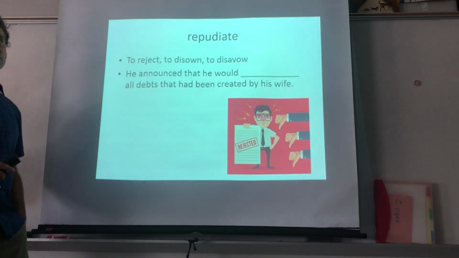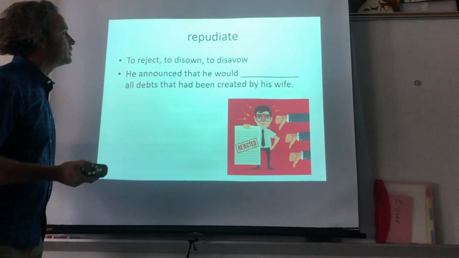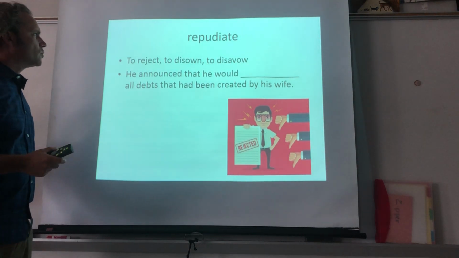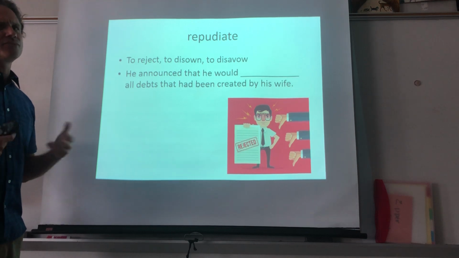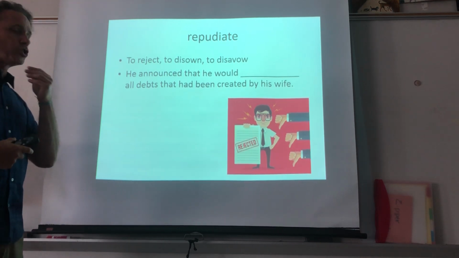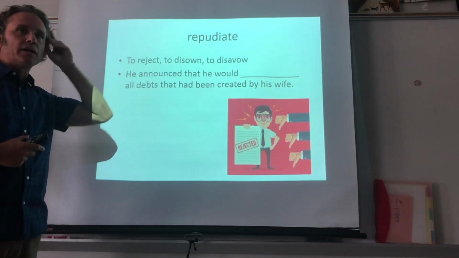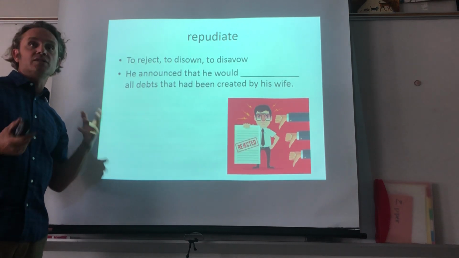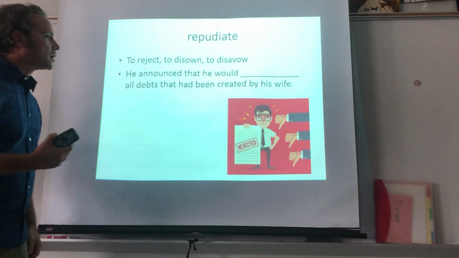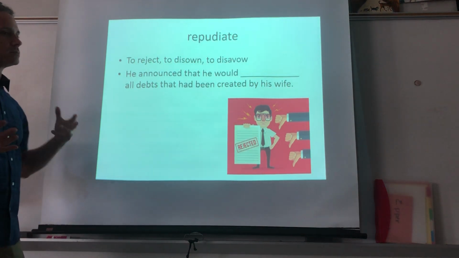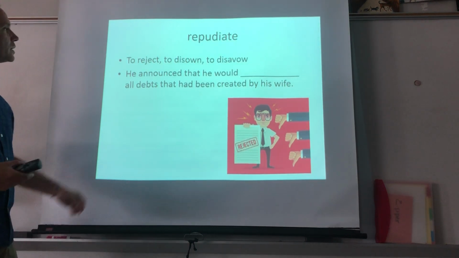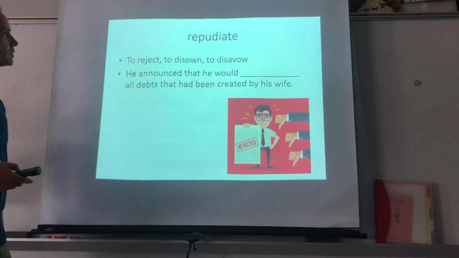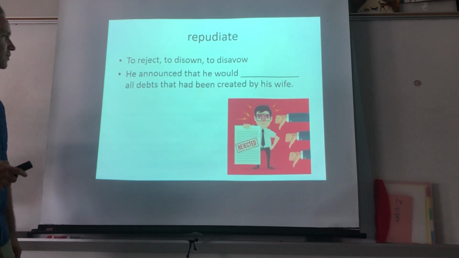Repudiate is more of a legal jargon, right? Where you reject, disown in a formal way, and to refute is to like argue against. You know, he refuted or disputed whatever the argument was, right? Or whatever he thought he shouldn't have to be a part of paying for.